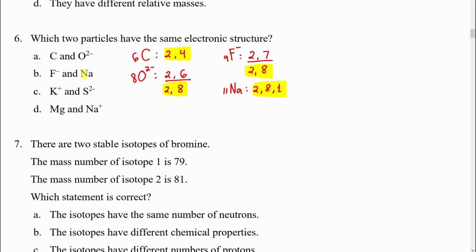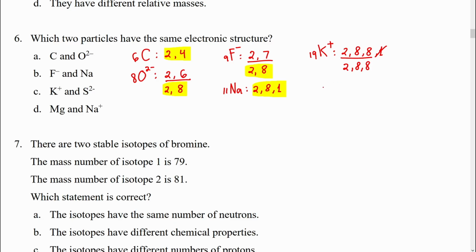They are still different. Next, option C. Potassium, if you check in the periodic table, is 19. So 2, 8, 8, 1. Since it is a potassium ion and it is positive, you remove 1 electron. Now you become 2, 8, 8.